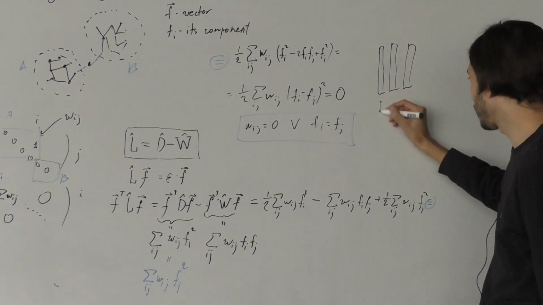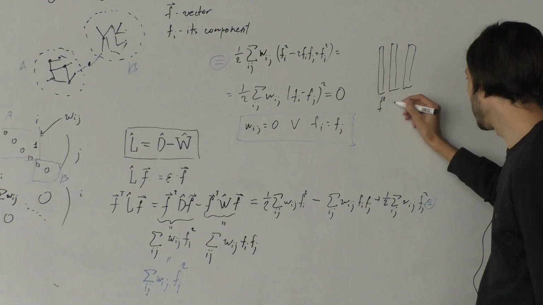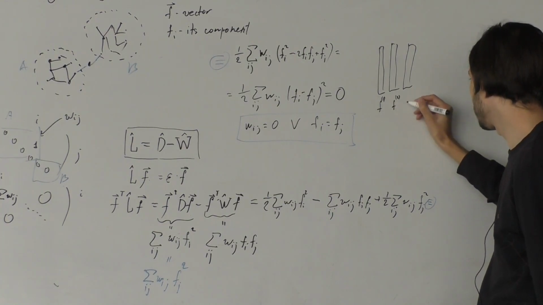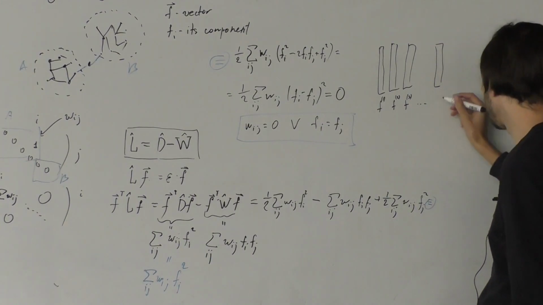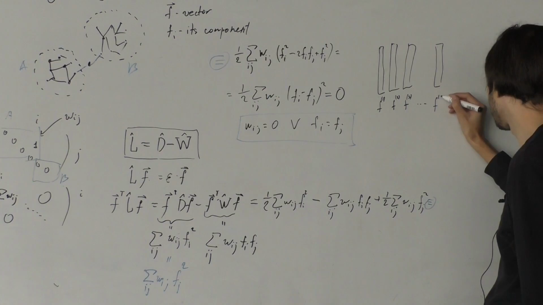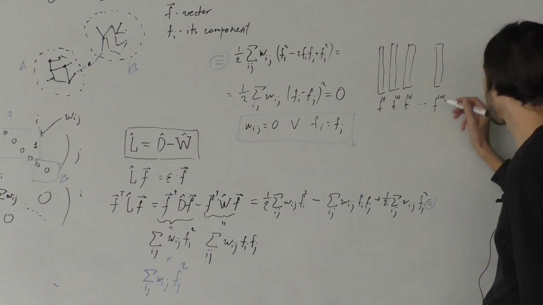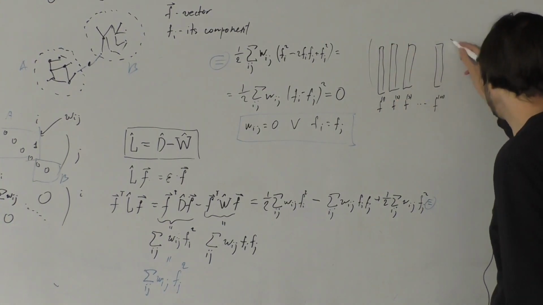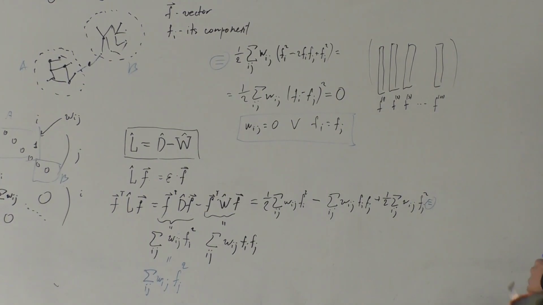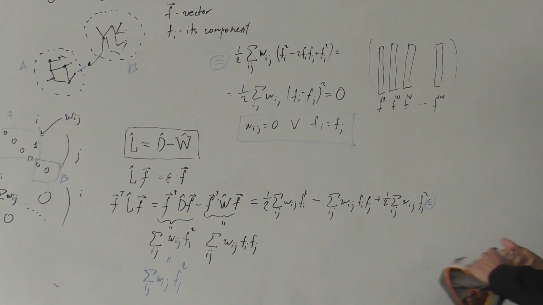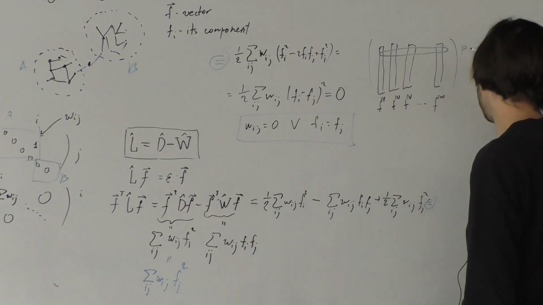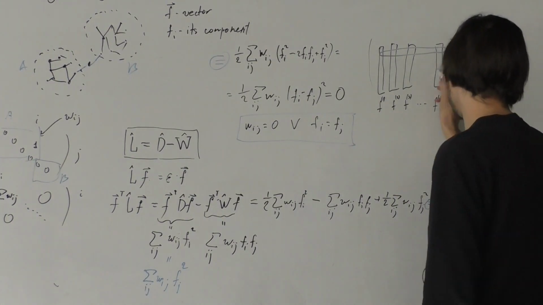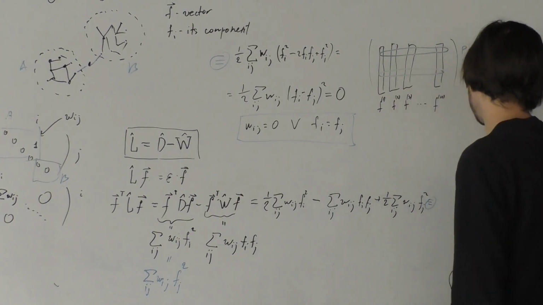So this will be my vector f1, this will be my vector f2, f3, and so on up to fn. In the rows, I will have some sort of descriptor of each point. So the values in here describe point 1, and the values in here describe point k.